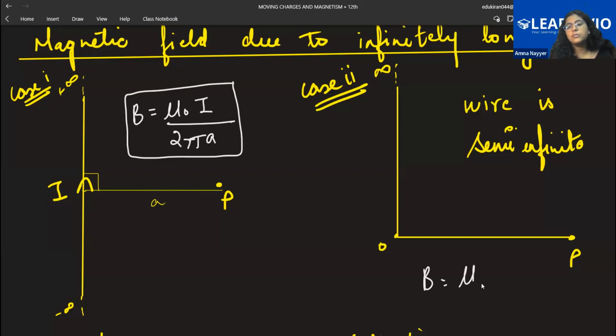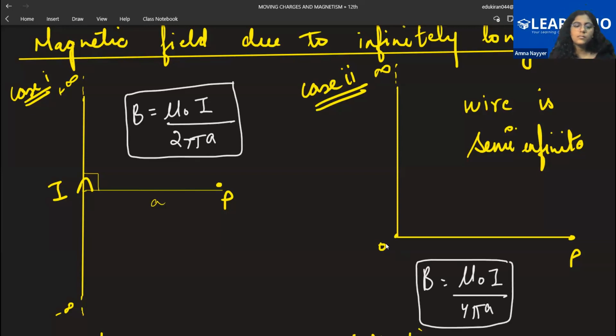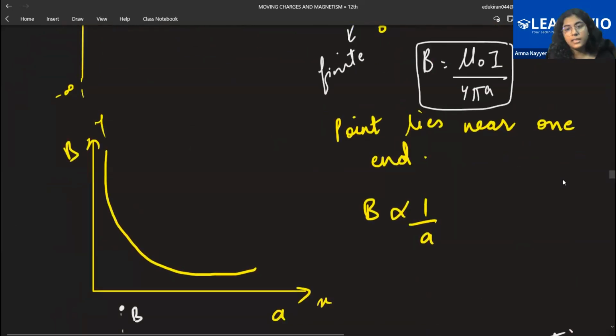So it is mu naught I by 4 pi a. And see, this end is the finite end. Always have the point near the finite end. Okay. Yes, one thing. See, the point lies near the one end.